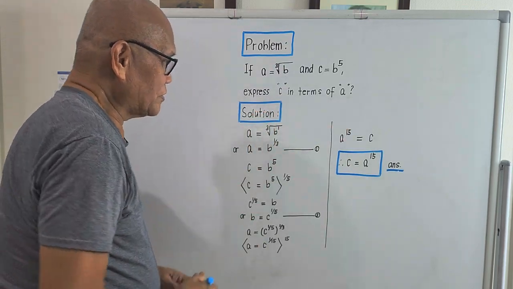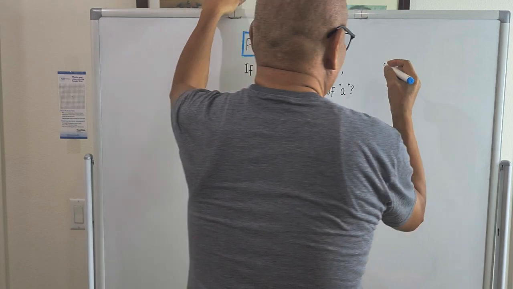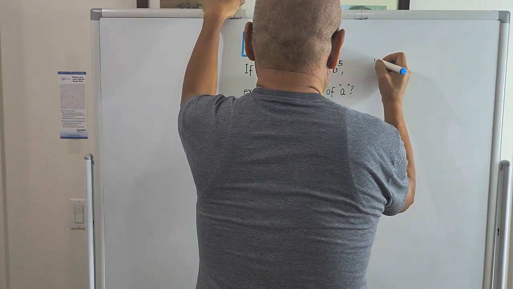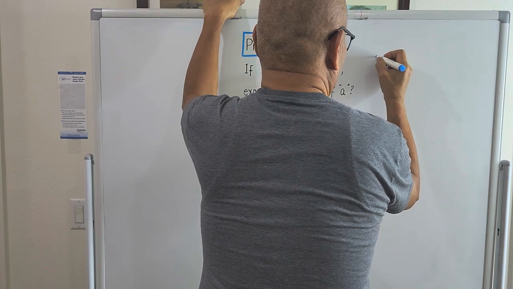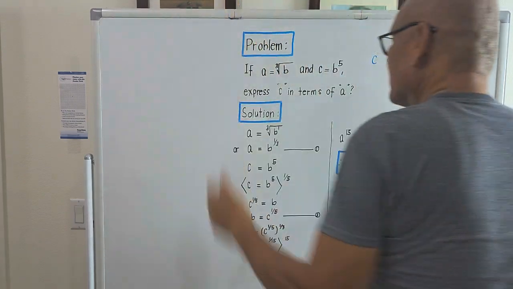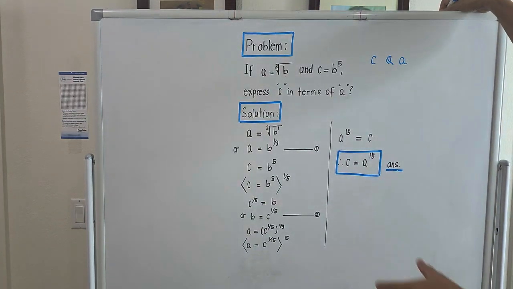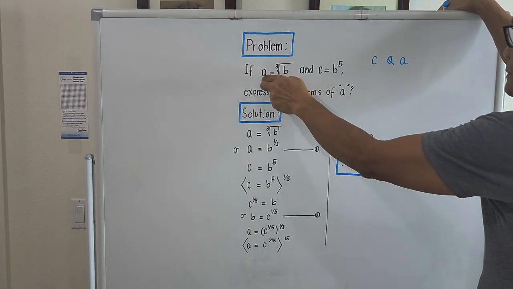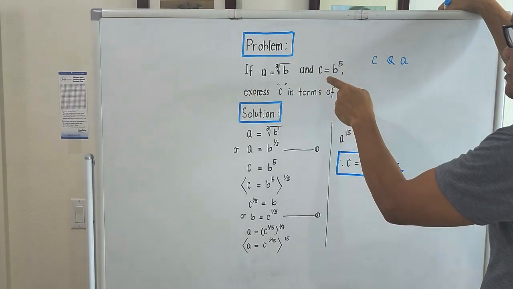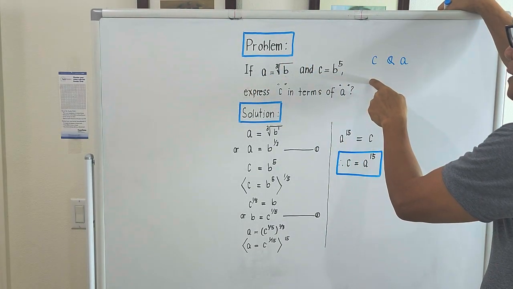This is just a simple problem. There are two variables here, c and a. We are given an expression of a in terms of b, and another expression of c in terms of b.